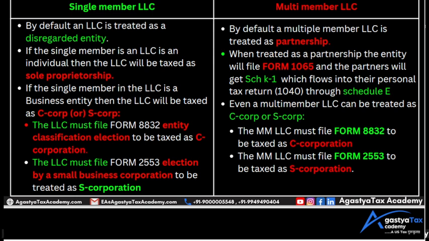Under multiple member LLC, even a multiple member LLC can be treated as C corp or S corp. Are we done with single member?